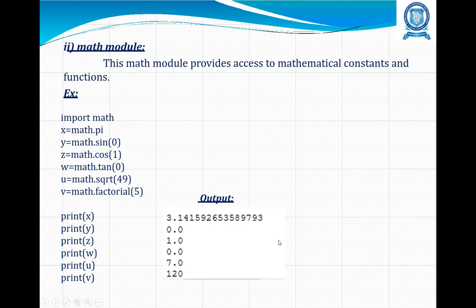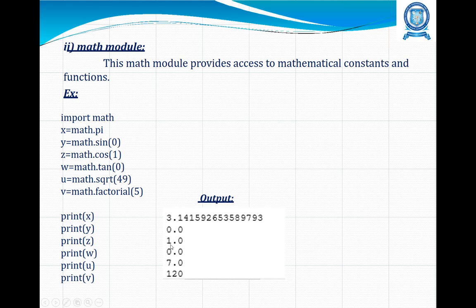Next one is the math module. Math means mathematical operations. This module provides access to mathematical constants and functions. Initially import math, then math.pi, that is the pi value. Answer is 3.14. Next, math.sin of 0; sine of 0 value is 0.